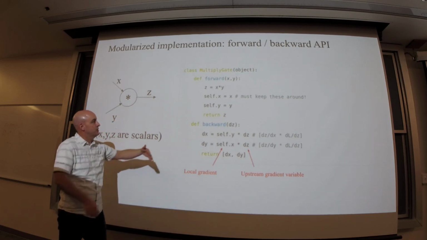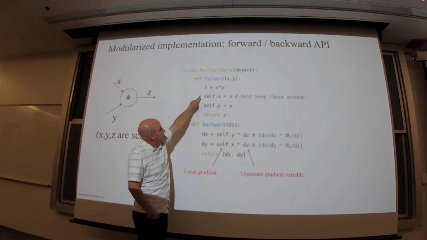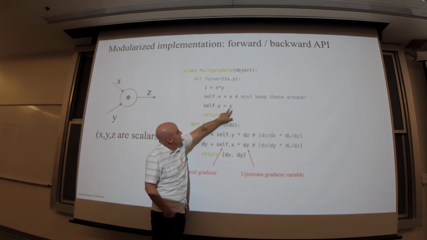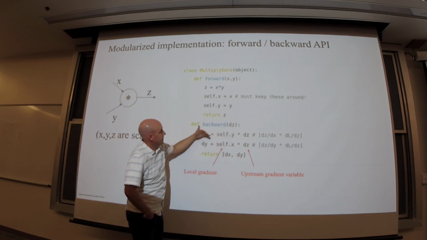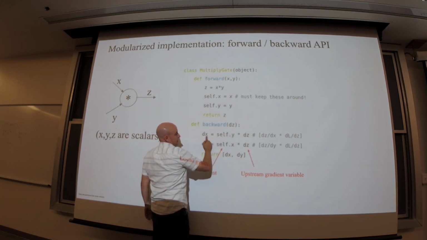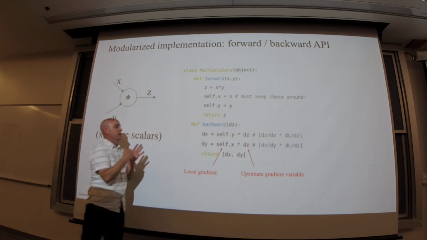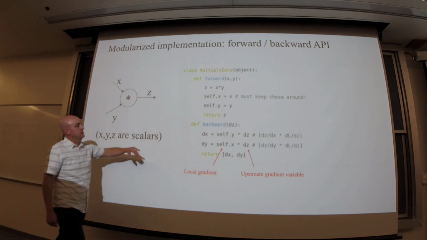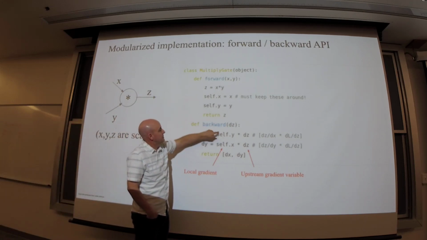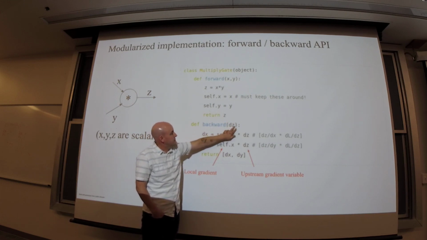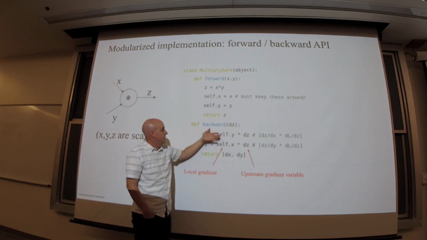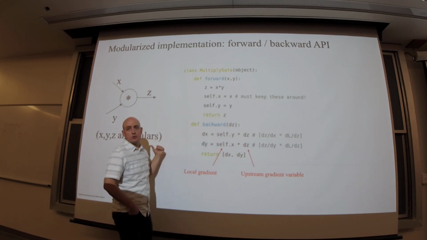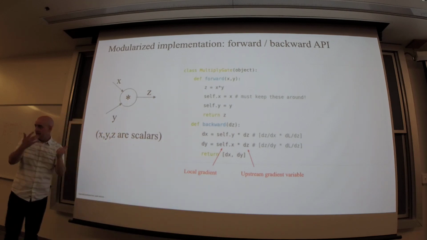So in the multiplication gate, you have your inputs, you calculate your output, but then you store, this is just in Python notation, the values of x and y, and you need those because those are your local gradients that you multiply with your upstream gradients to move backwards. Notice that in this particular example, the forward takes the inputs, and the backward pass takes the current upstream gradient, updates it for this particular gate, in this case multiply, and returns those to the previous one, and then that just keeps going.